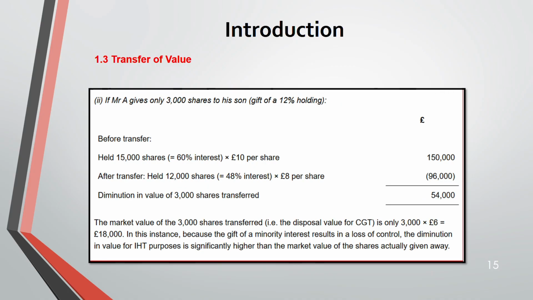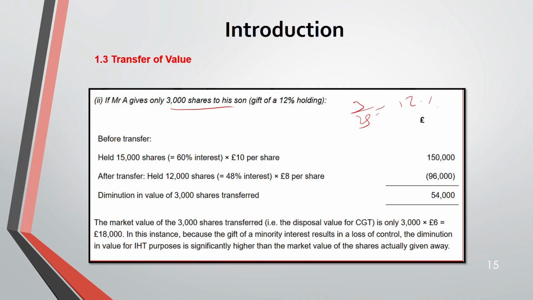Now, moving on to the second scenario where Mr. A gives only 3,000 shares to his son. Out of 25,000 shares, 3,000 shares are given. If you see, it's a 12% holding.